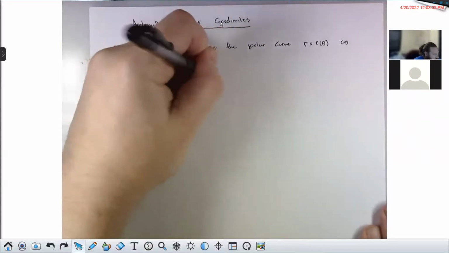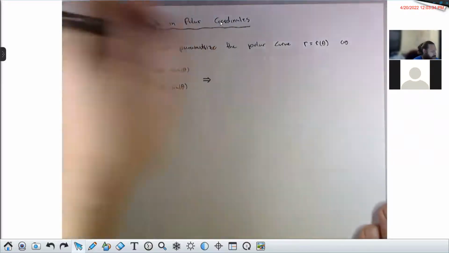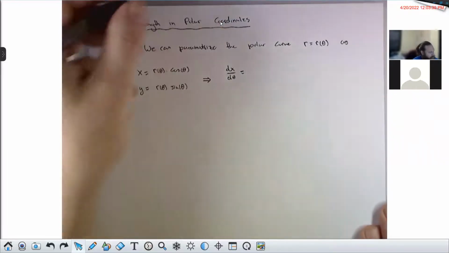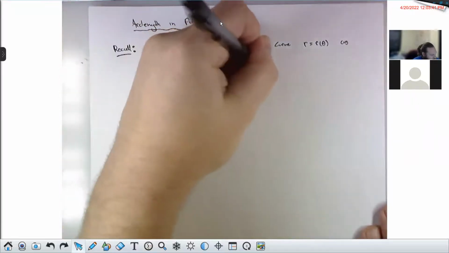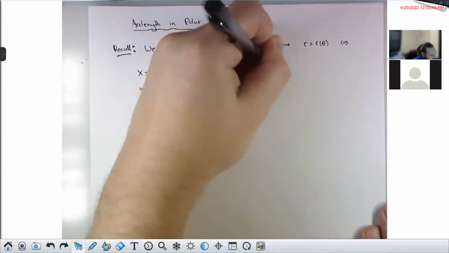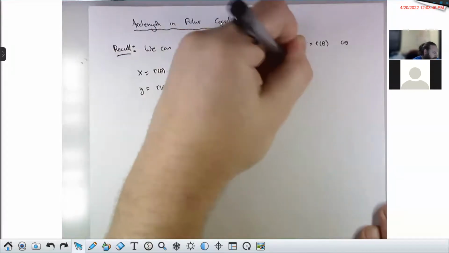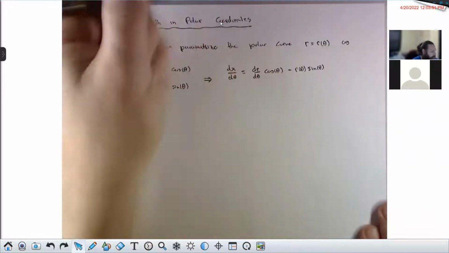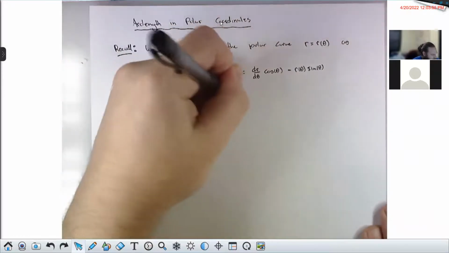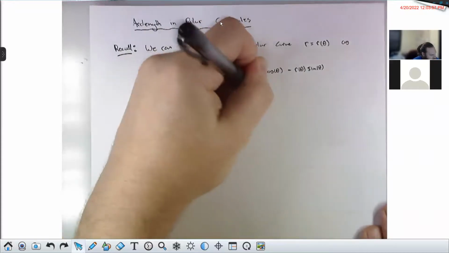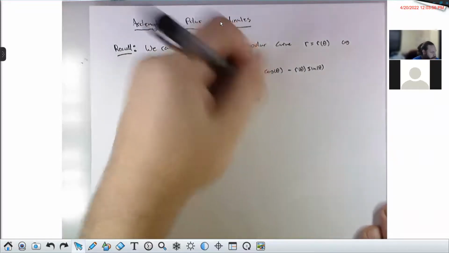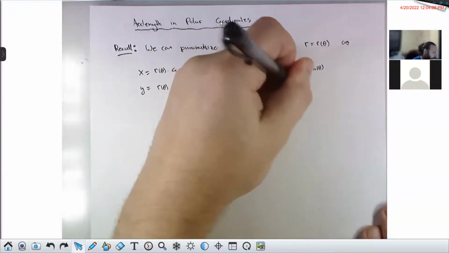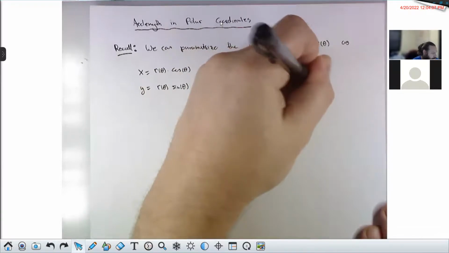And this led to dx d theta being dr d theta times cos theta minus r of theta times sine theta, and dy d theta being dr d theta sine theta plus r of theta cos theta.